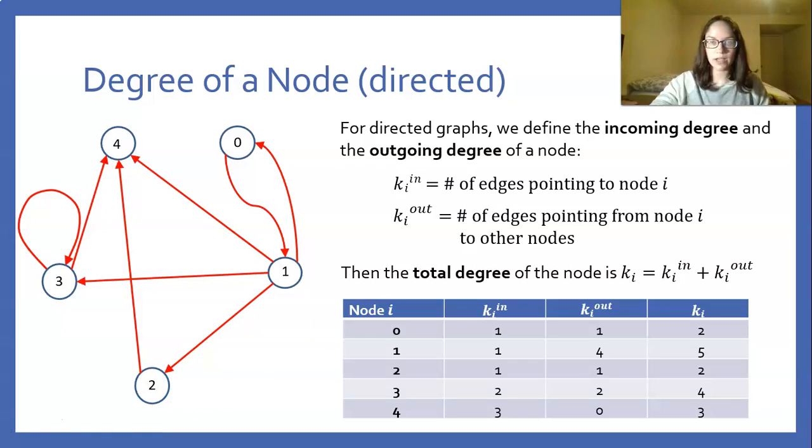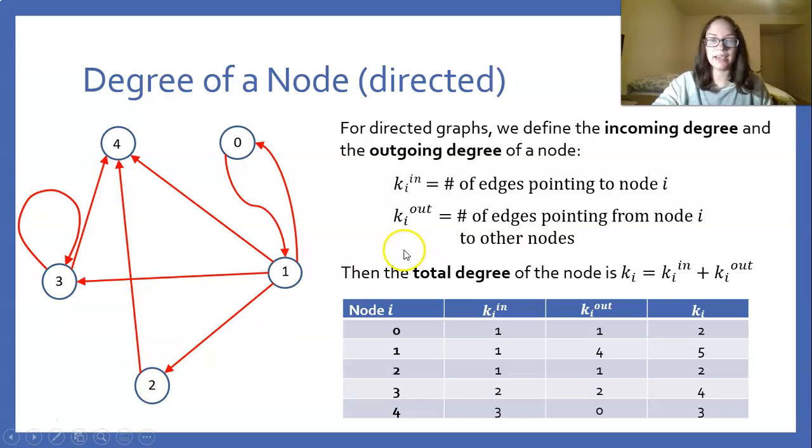In the same way, we also define the outgoing degree of a node, which is just the number of edges pointing from that node to other nodes. Again, let's just look at node 2, because it's pretty simple. Just like we counted one edge as an incoming edge, this edge from 2 to 4 would be contributing to the outgoing degree of node 2.